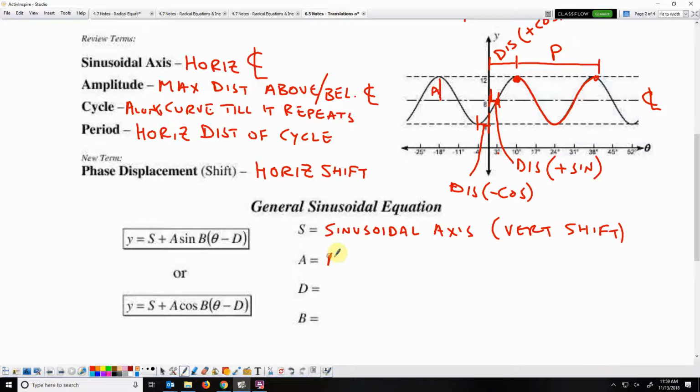A is the amplitude, which represents the vertical dilation. D is the displacement or the phase shift, and that represents the horizontal shift.